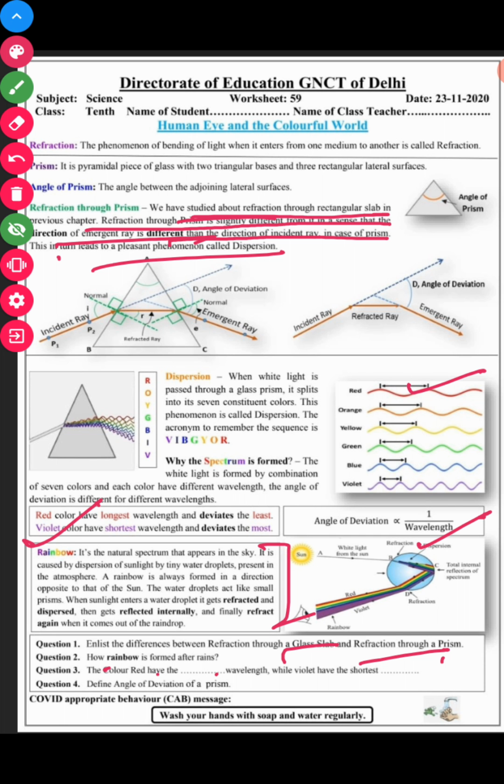The angle of deviation is defined as the angle obtained by the difference between the angle of incidence and the angle of refraction created by a ray traveling from one medium to another medium with a different refractive index. Okay, so this is all about today's worksheet.